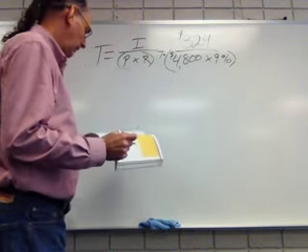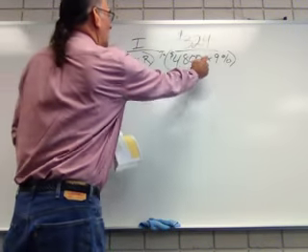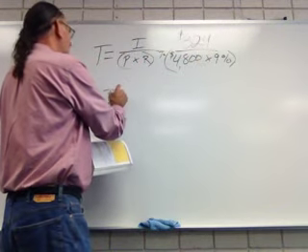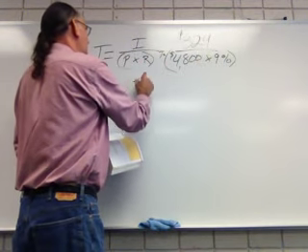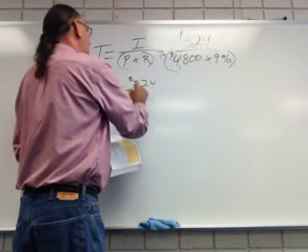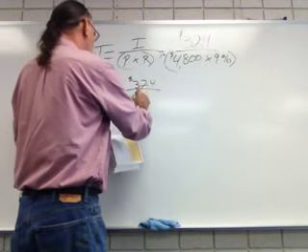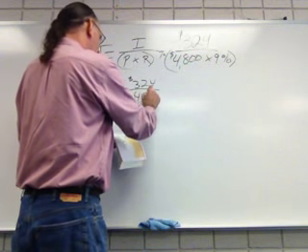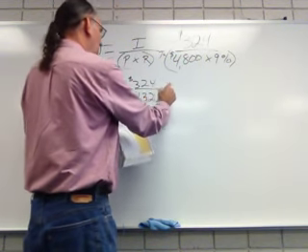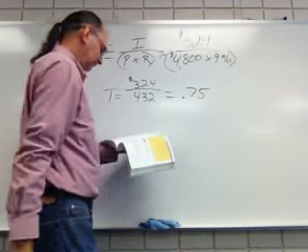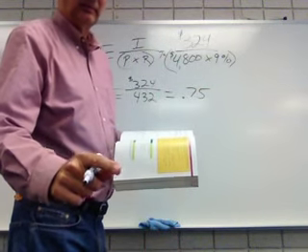You go through all this, you multiply these things out. Time equals 324 divided by, multiply that out, and you will get 432, which equals 0.75 of a year. Are you done?